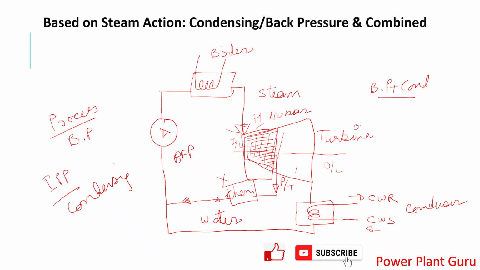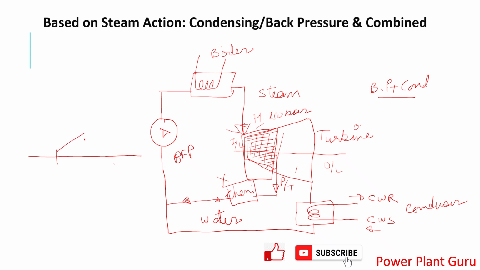Now there may be certain further changes to this. Let me give you another example. I'll draw something to explain. I'm now trying to explain a case where your turbine steam requirement is dependent on maybe a process plant requirement, and then you can choose to control whatever is coming out of your turbine.